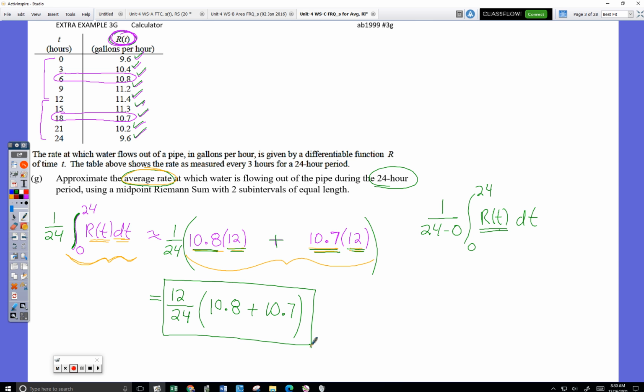No, it's perfect. This green box is simply the average of these two rates. So what I'm trying to show you is I can use an integral to find an average. That's the big idea. I can use an integral to find the average of anything. Anything.